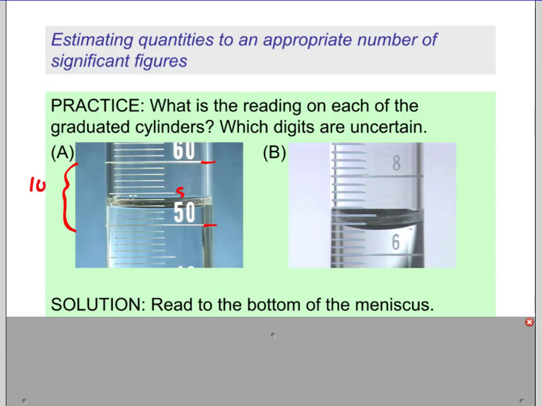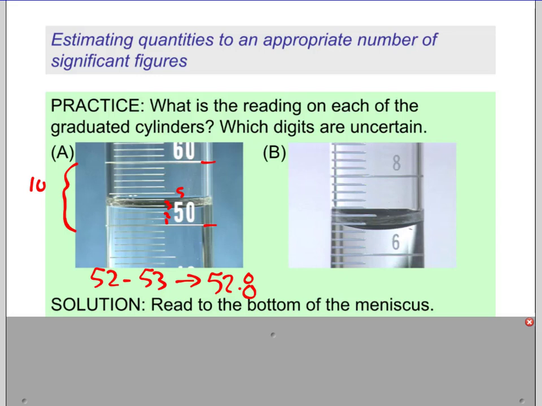When we're reading something like this, we read to the bottom of the meniscus. That's the dip in the water. So if we count here, we have 1, 2, 3. So our value is going to be somewhere between 52 and 53. And you can probably make an estimate that it's closer to 53, so you might say something like 52.8. And that's about as accurate as you can read that.